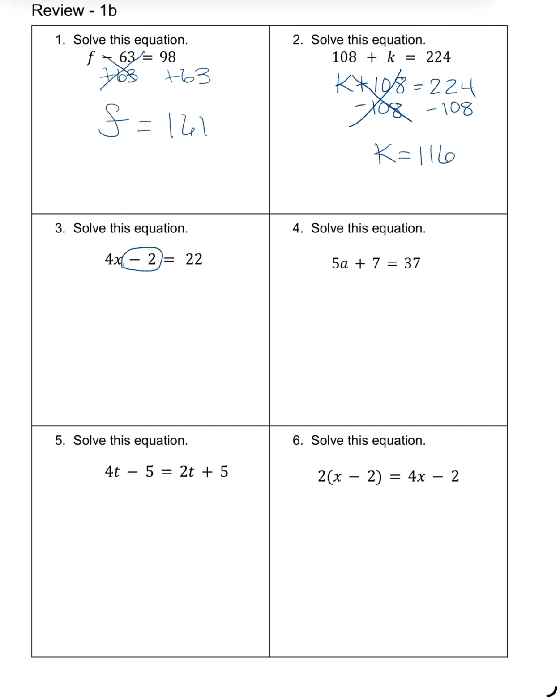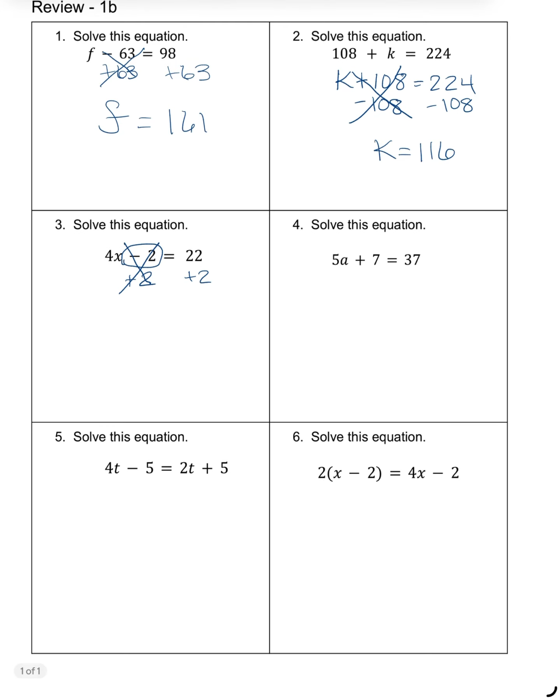How do we get rid of a -2? We add 2. So there's going to be our canceling out, and then we need to add 2 to balance. So that adding 2 made that -2 go away. We have 4x equals 24. Now we need to undo this 4 times x, this multiplication.